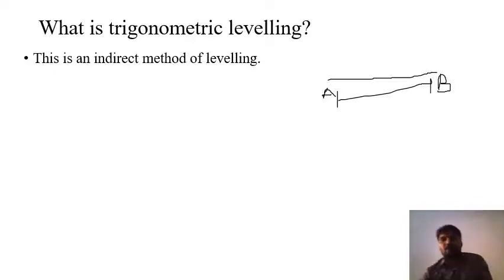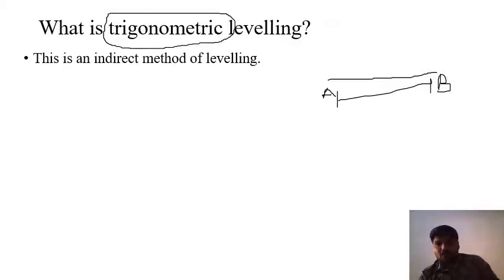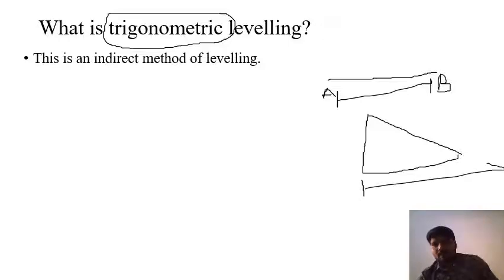But what we are going to do is use trigonometry, as the name of the chapter says. We are going to use a triangle, something like that, and we will find out the distance d and height h by an indirect way.